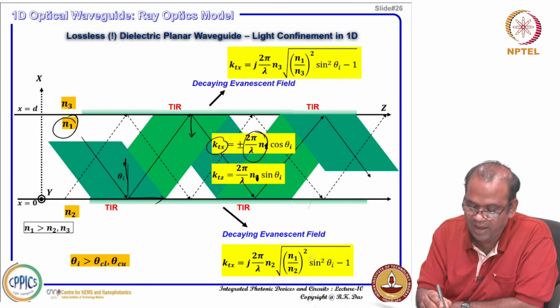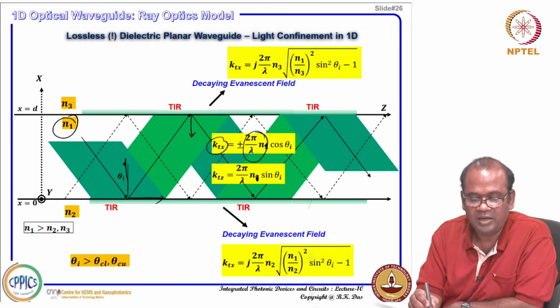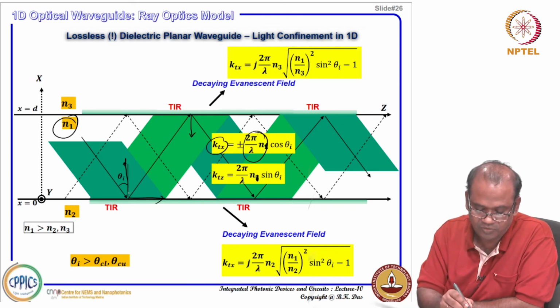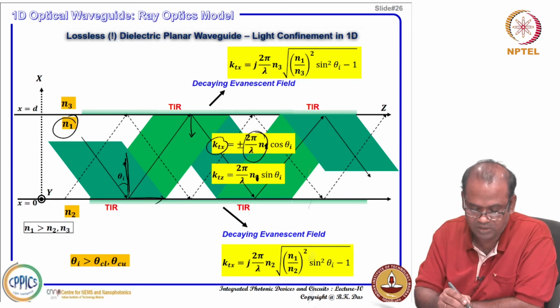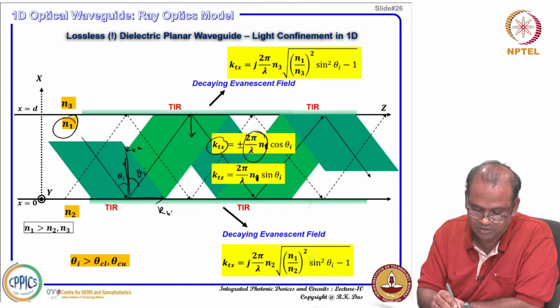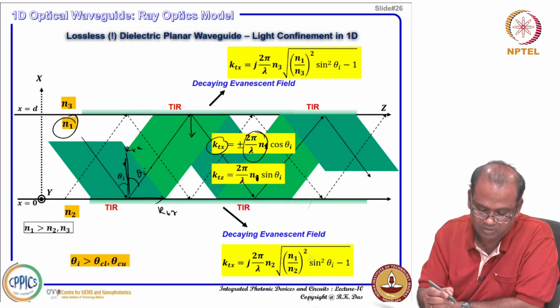So, KTX will be plus or minus 2 pi by lambda N1, and KTZ will be 2 pi by lambda N1 sin theta I. If this is theta I, we can have KTX equal to this, and this is also theta I. So, this is KTX and this is KTZ. Actually, not KTX, it is KI that I should write here, whatever the longitudinal component is.